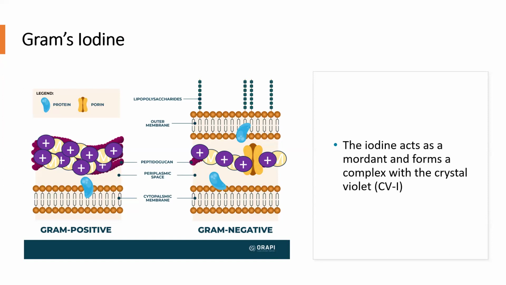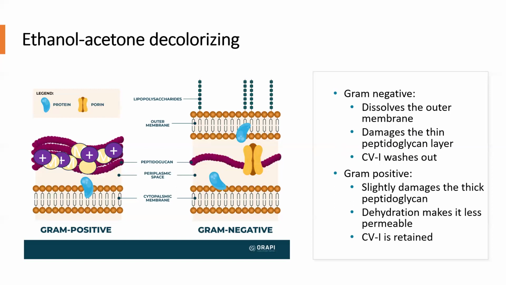You can't really see the color of the iodine. It's kind of like a yellowy brown, and the purple is just too strong to see anything like that under the microscope. So all you see is the purple. Now, when you decolorize, what's going to happen is it's going to dissolve the outer membrane of your gram-negative, and it's going to dissolve the dye out of your cell wall and cause some damage to the cell wall of your gram-negative.